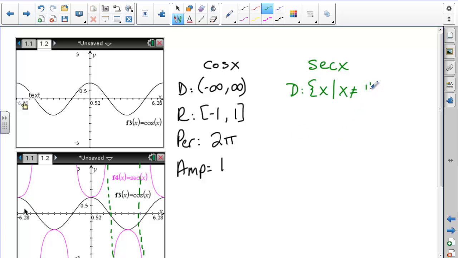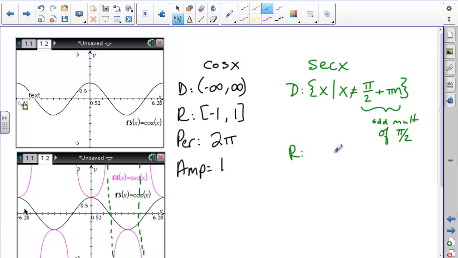Technically, what we should do is we should say pi over 2 plus multiples of pi. Okay, this right here is basically saying odd multiples of pi over 2. And that's where it's undefined: pi over 2, 3 pi over 2, 5 pi over 2. It can't be 2 pi over 2 because that would be pi, and it has a value there.